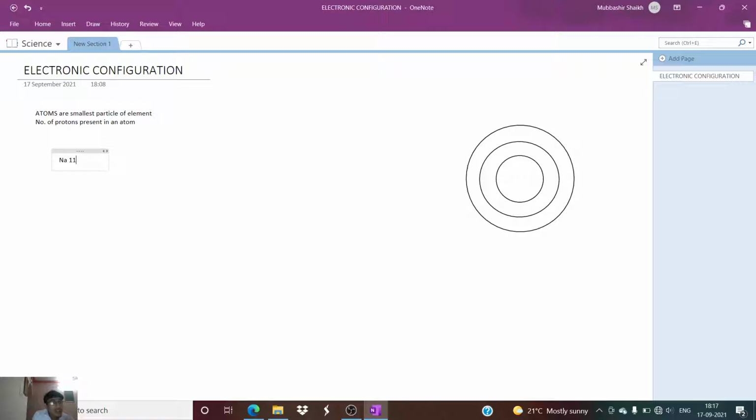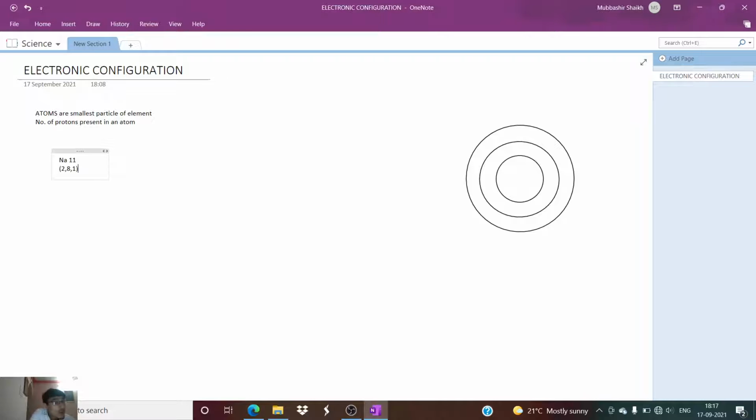That means the number of protons present in the sodium atom is 11. If I want to write the electronic configuration of sodium, how will I write it? The electronic configuration of sodium is 2, 8, 1.